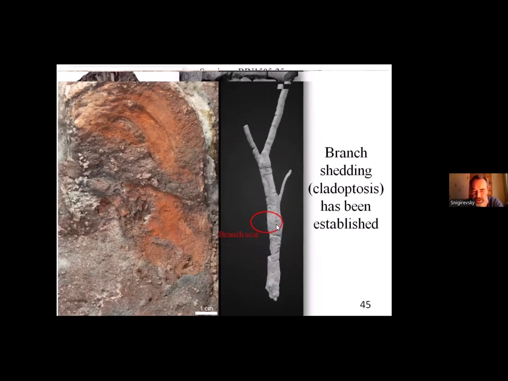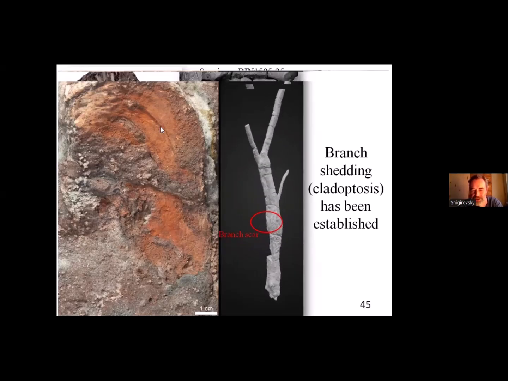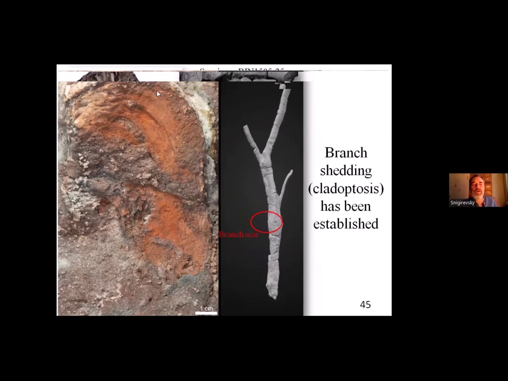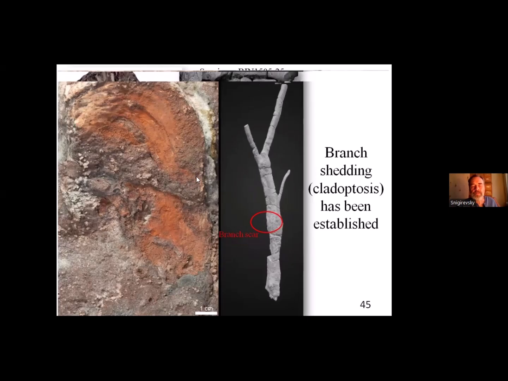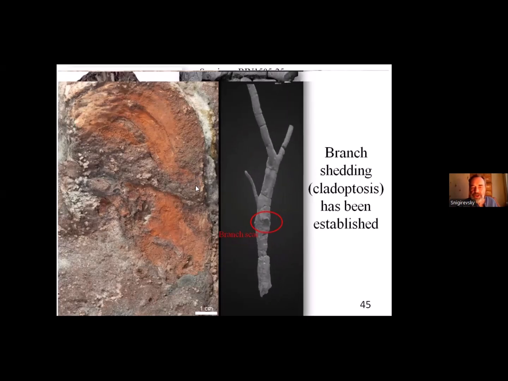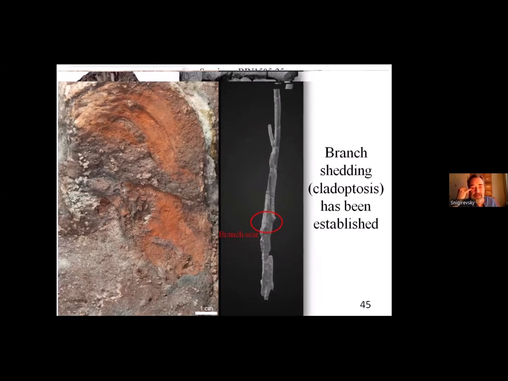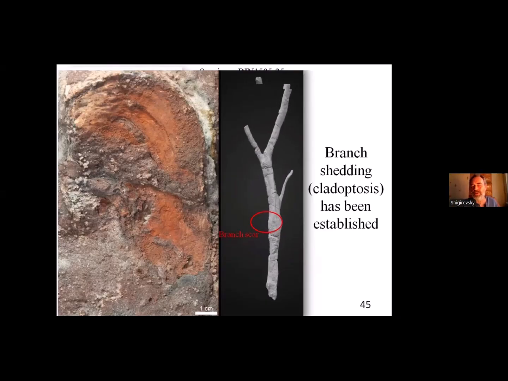You can see this branch scar here, yeah. It's a photo of this branch scar with a separating layer, which explains that this branch was shed, after the preparation procedures of this plant. Yeah, it was not traumatic.